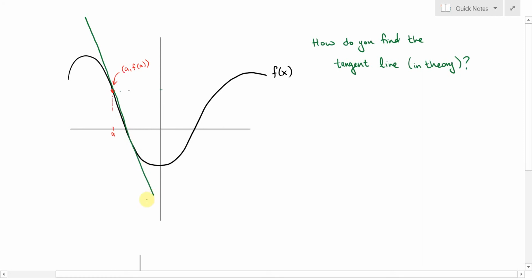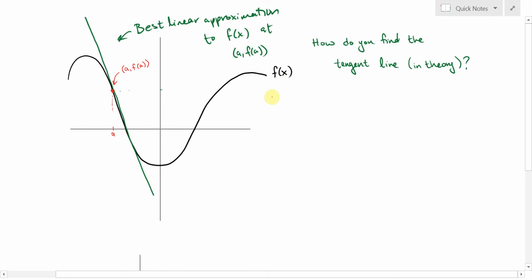It's the best linear approximation, worth remembering, to our function f of x at the point a comma f of a.